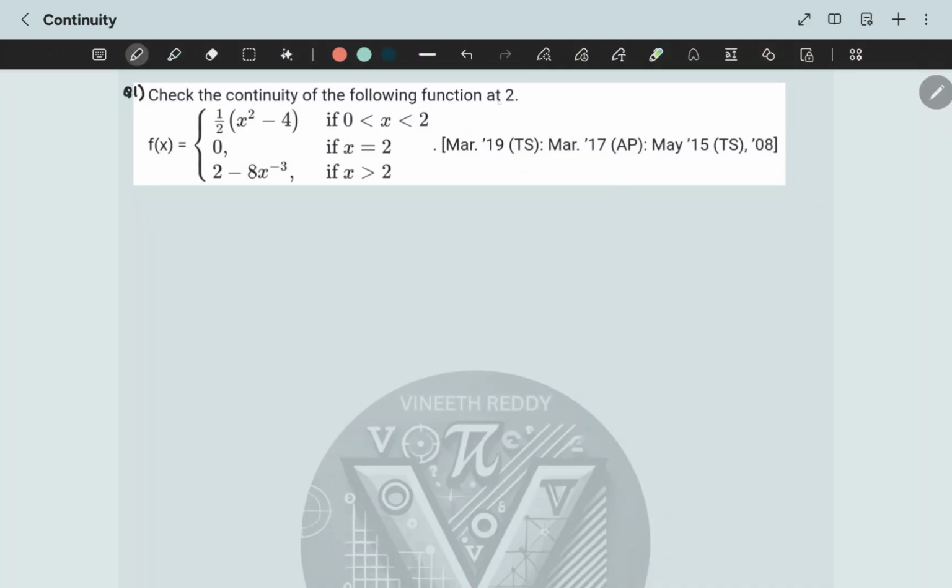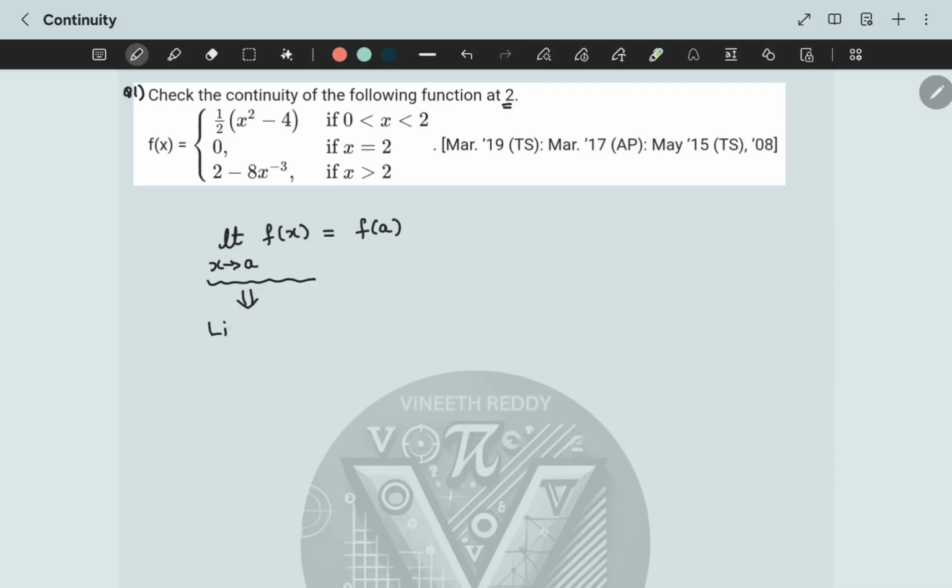So he's telling, check the continuity of the following function at 2. Before we solve these type of questions, let us quickly recall the definition of continuity. It says limit x approaches a of f of x, if it is equal to f of a, right? I repeat. Now, what does this mean?